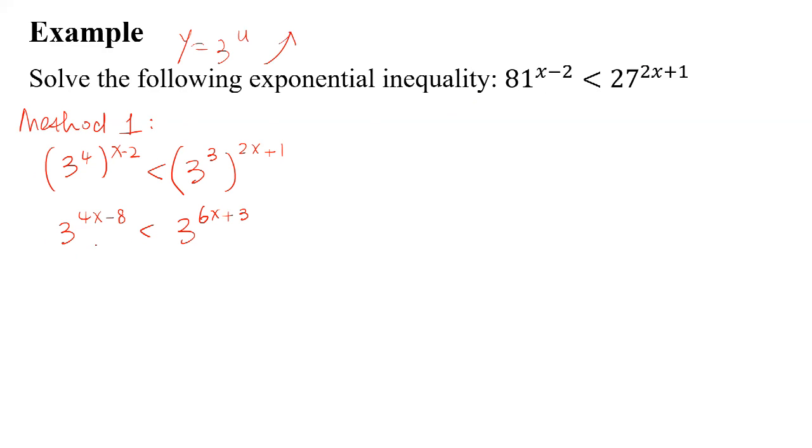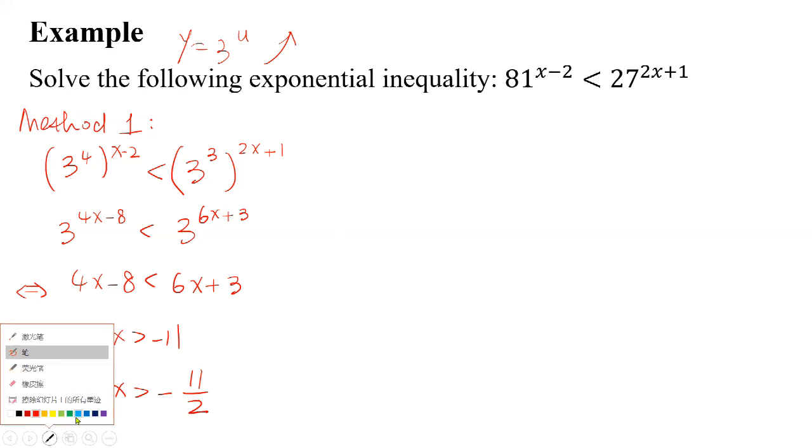So that means in order to have 3 raised to the 4x minus 8 less than 3 raised to the 6x plus 3, we need to ensure that 4x minus 8 is less than 6x plus 3, right? These two expressions are equivalent, which is equivalent to 2x is greater than minus 11. Therefore, the solution is x is greater than minus 11 over 2.